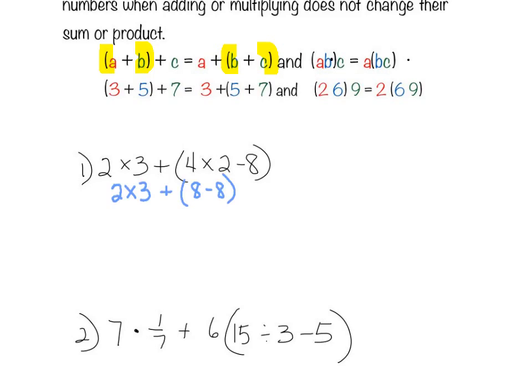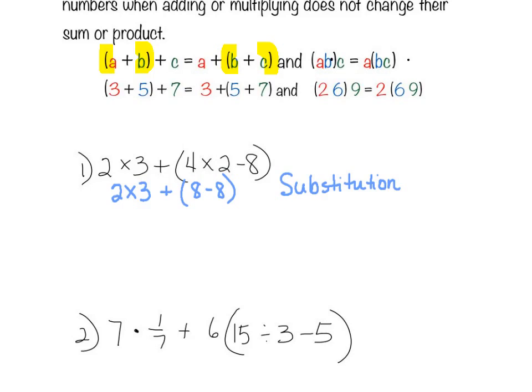And what property did we use in this step? Well, we used substitution. Because 4 times 2 is equal to 8, I can substitute 8 for 4 times 2.